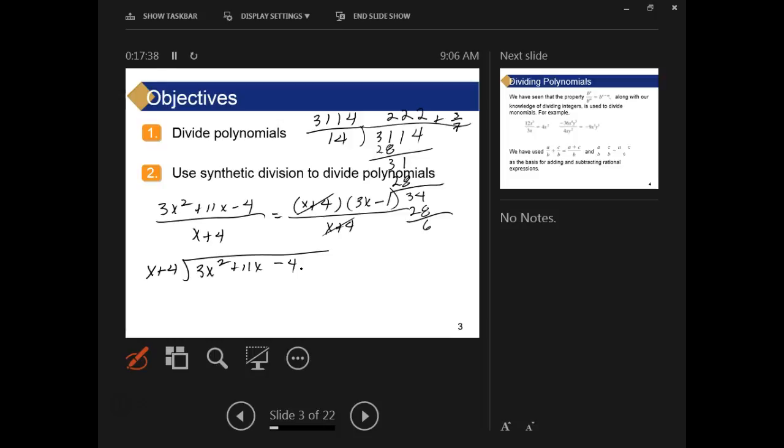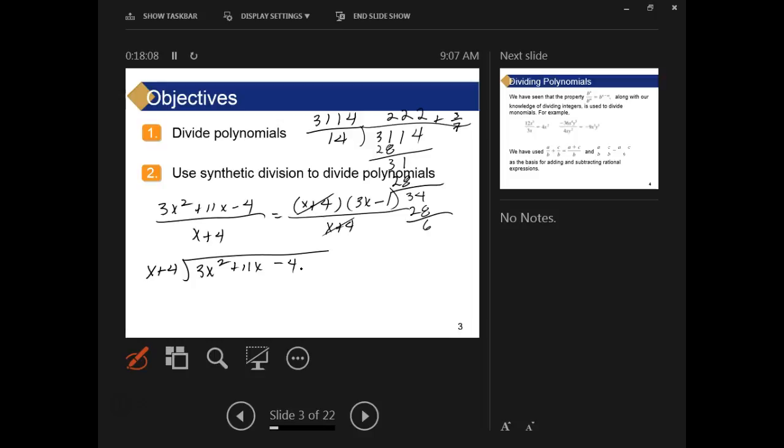The other thing we have to be careful for is that we haven't skipped any terms. If this had been an x cubed up here, and you didn't have an x squared term, you would have had to say 3x cubed plus 0x squared plus 11x minus 4. You have to account for every power of x. This one was fine. Now, the rest of it goes just like we did long division. What's the first thing we do?